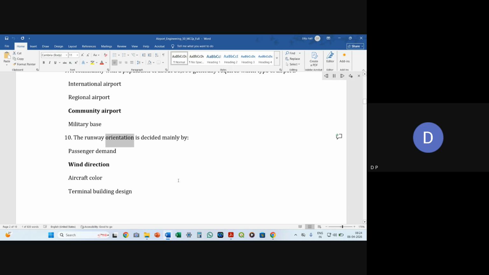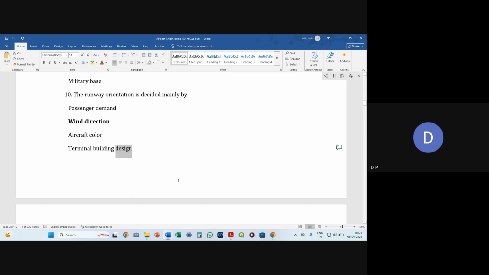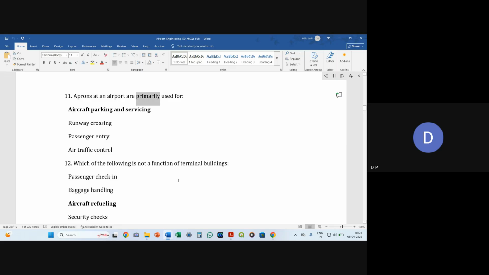10. The runway orientation is decided mainly by passenger demand, wind direction, aircraft color, terminal building design. 11. Aprons at an airport are primarily used for aircraft parking and servicing, runway crossing, passenger entry, air traffic control. 12.